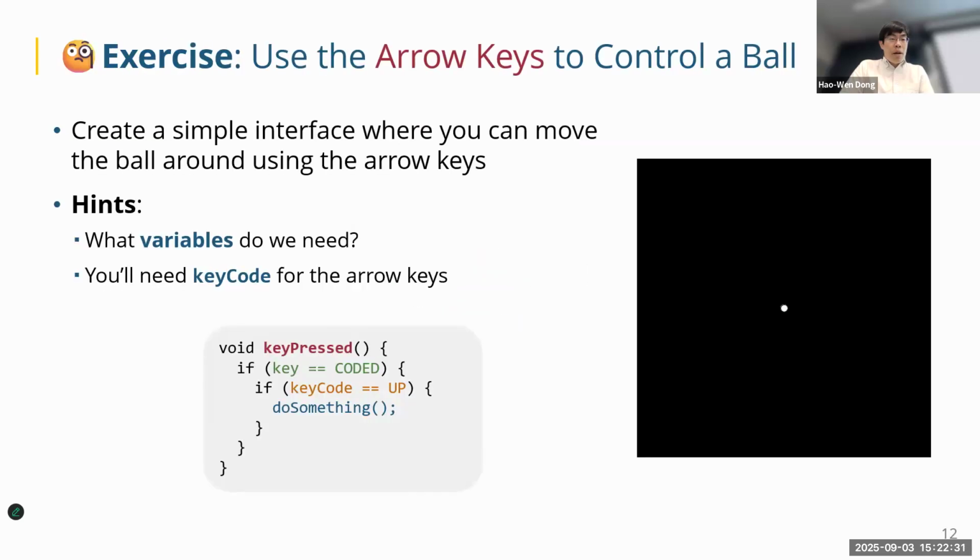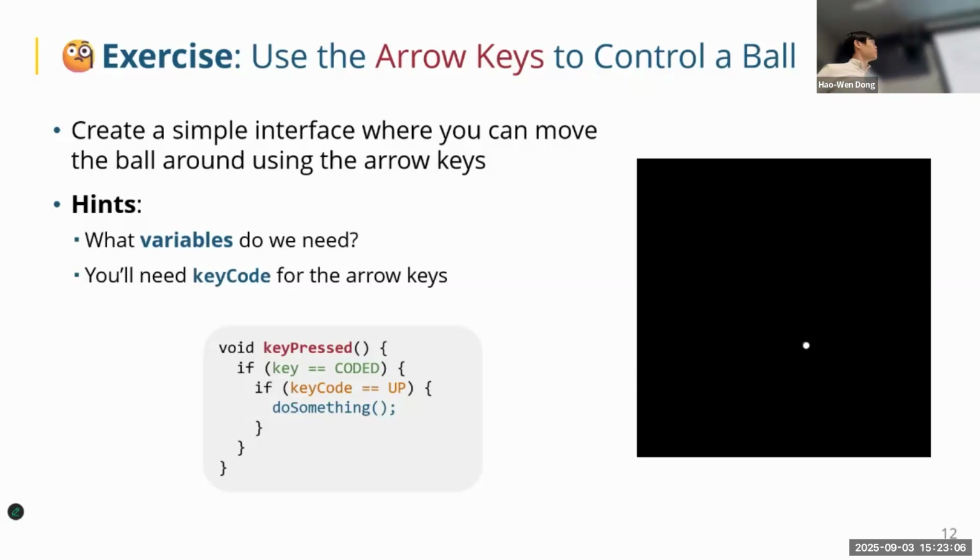Cool. So I guess we can do a quick exercise now to build this program where you can use your arrow keys to control a ball. It shouldn't be too tricky. You just need a bunch of if else, but to get familiar with key and key code here. So think about what variables we need.